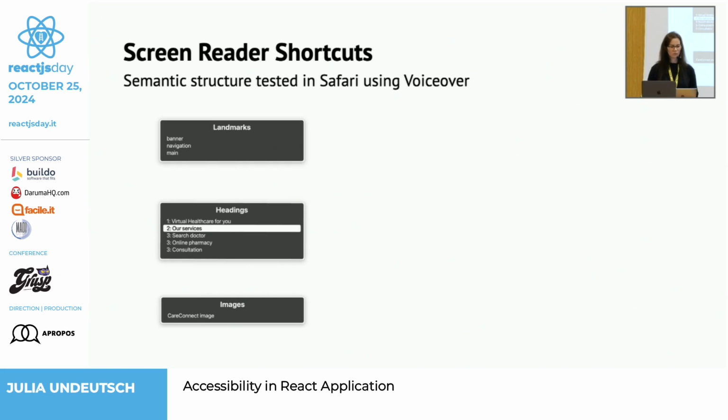Maybe you know the WebAIM WebAIM Million reports, where they collect all these errors, the most common accessibility errors, and also do research on the screen reader users, what they are using most likely, and this is that they are navigating with headings. And if this is structured, they can go through the list and can immediately see if they are interested in it.